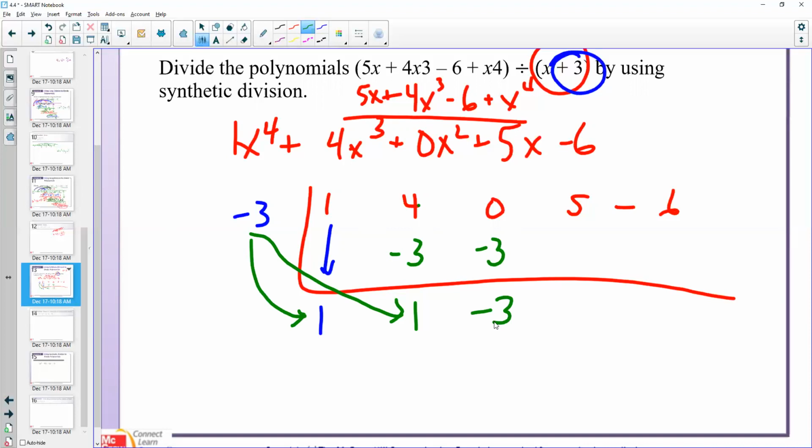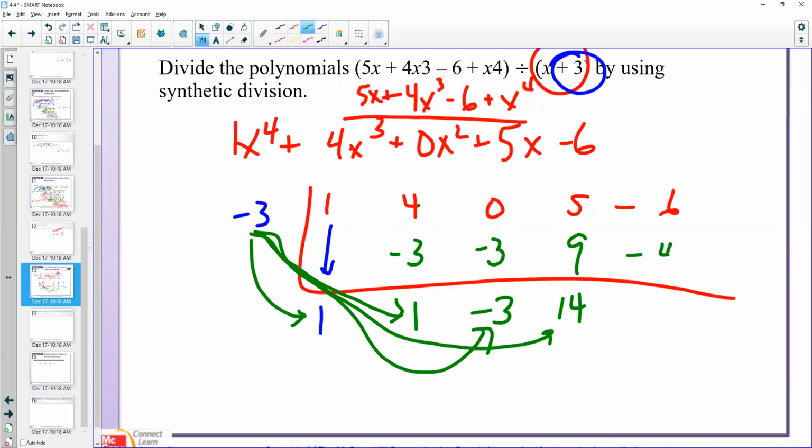Okay? Now, negative 3 times negative 3 is 9. 5 plus 9 is 14. Negative 3 times 14 gives me negative 42. Those add together to negative 48.